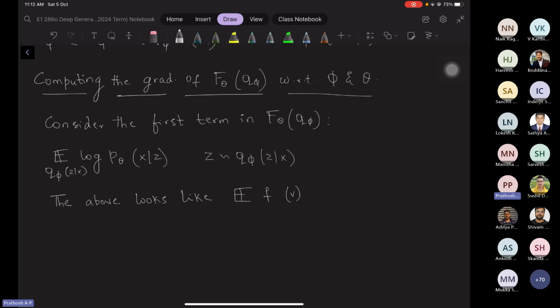Let me use a different parameter, let's call this psi, and we have some distribution on this random variable V. Do you agree that it looks like this?